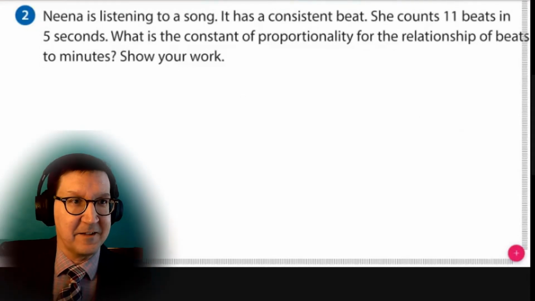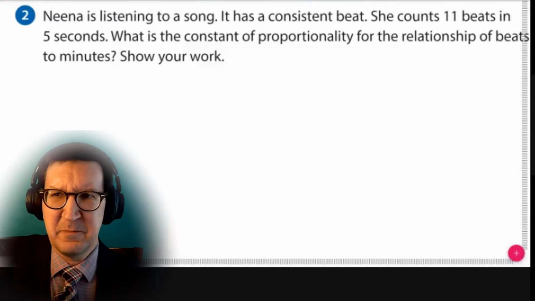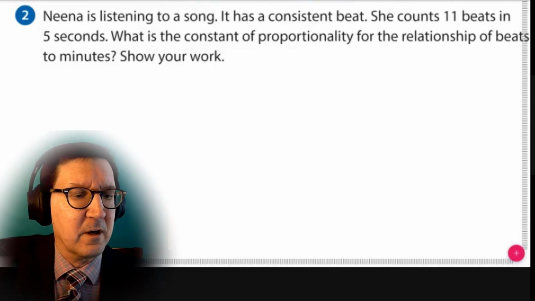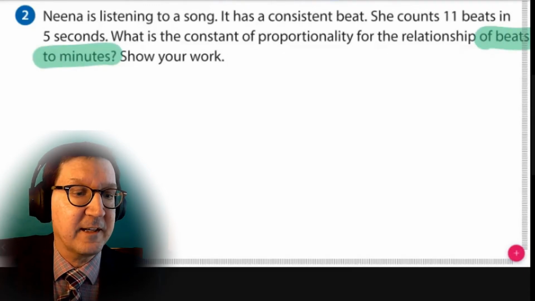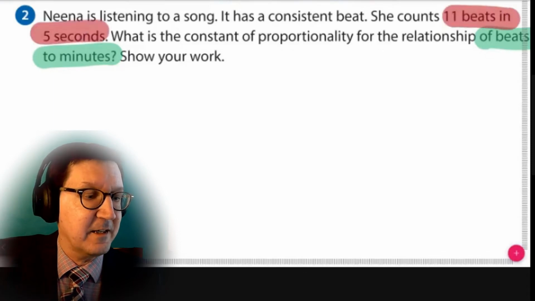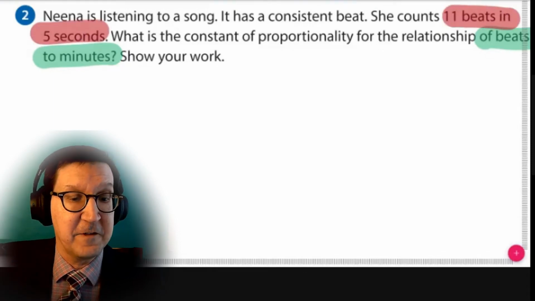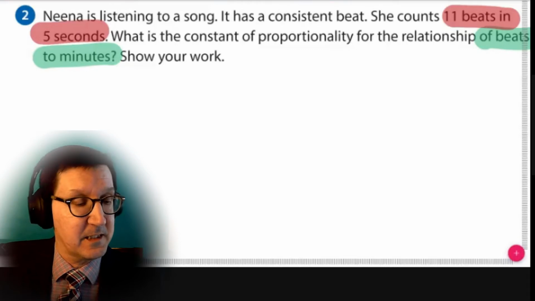Okay, welcome back. This one's pretty easy. This is pretty easy, isn't it? We're looking for the number of beats per minute. But she's counting 11 beats in 5 seconds. So we have to figure out how to get from seconds to minutes.